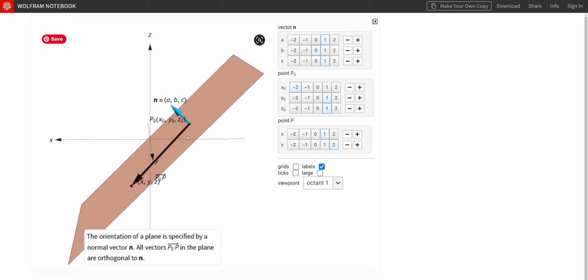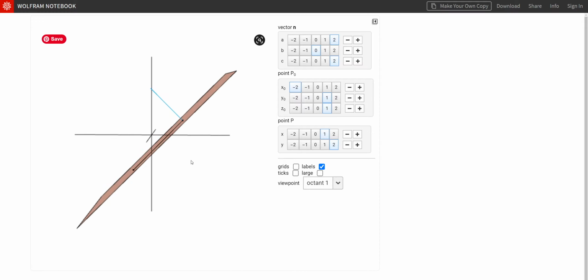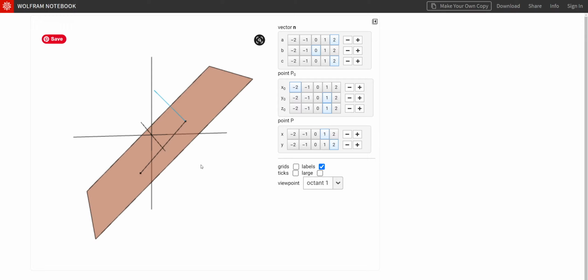Let me do one other thing here. Varying n won't necessarily change the plane, though. If I pick another vector that's parallel to this n, so let's say instead of 1, 0, 1, I do 2, 0, 2, all that's done is made my normal vector a bit longer, but it didn't affect the plane at all.